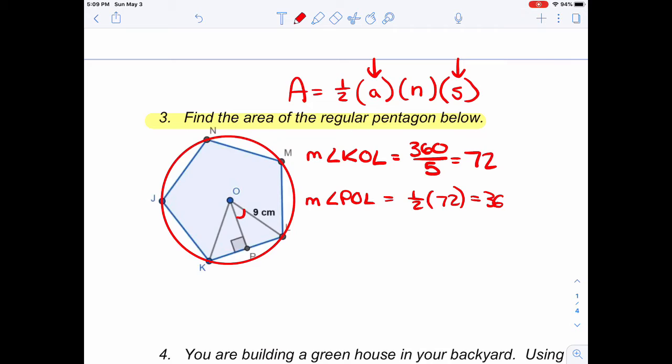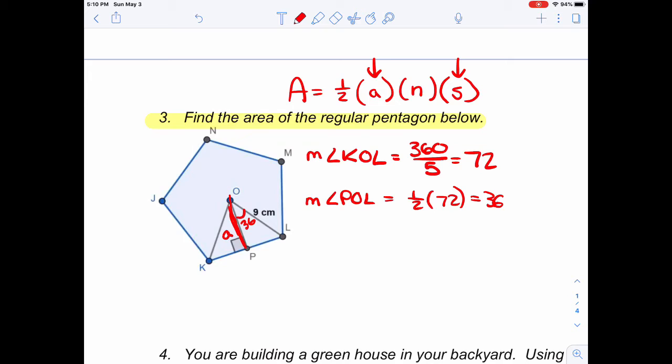The reason I'm going to do that is because I'm going to use that 36 to find my two missing side lengths here, my A and then my S, okay? So let's go ahead and find our apothem length first. So this red side, where is it? That red side here. Notice how I have an angle, I have a side length, and now I'm looking for my adjacent side, my A, my apothem.